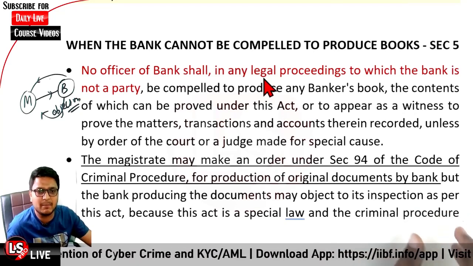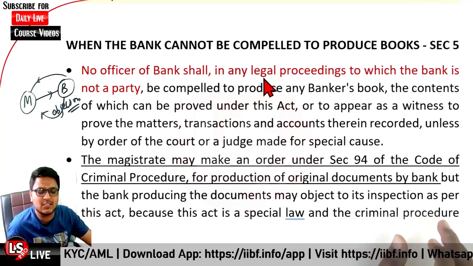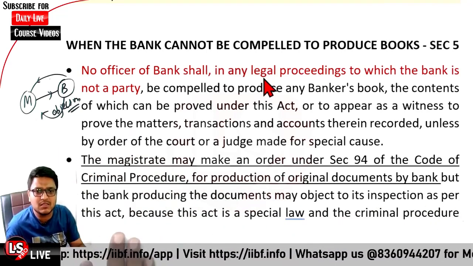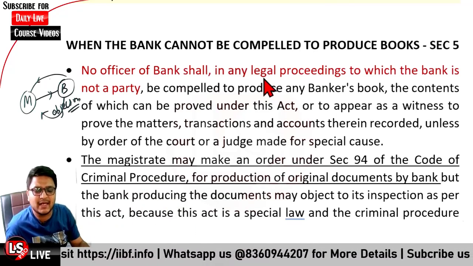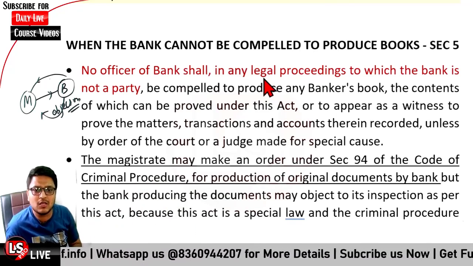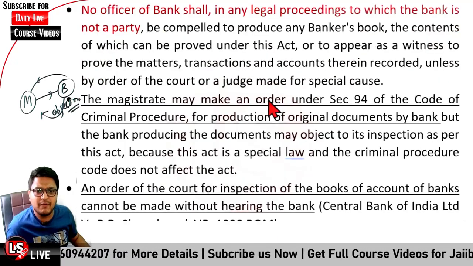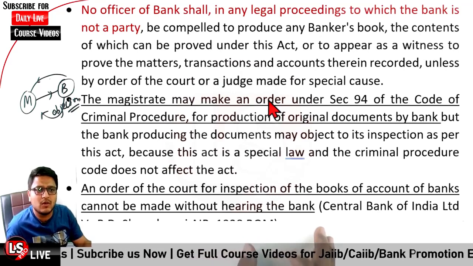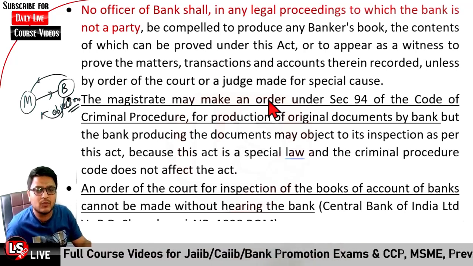As per the Bankers' Books Evidence Act, the bank may raise an objection to the orders of the magistrate, because the Bankers' Books Evidence Act is a special Act and the CPC does not affect its validity. Further, an order of the court for inspection of the books of accounts of banks cannot be made without hearing the bank.